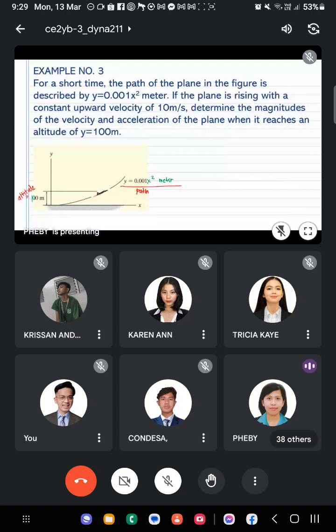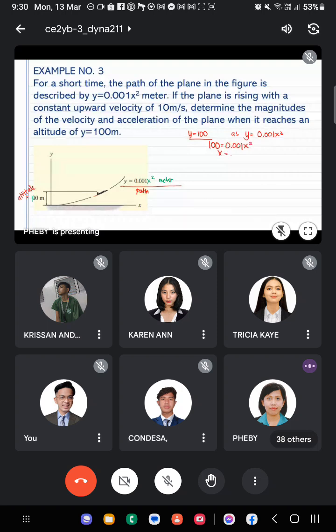Ang kanyang hinahanap is, if y is 100 meters, yung kanyang path niya is computed as 0.001 x squared. So, we can compute for x using y. So, 100 is equal to 0.001 x squared.